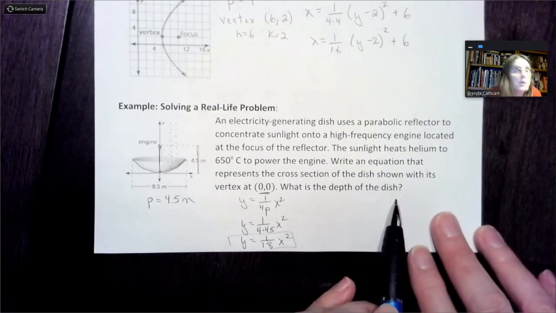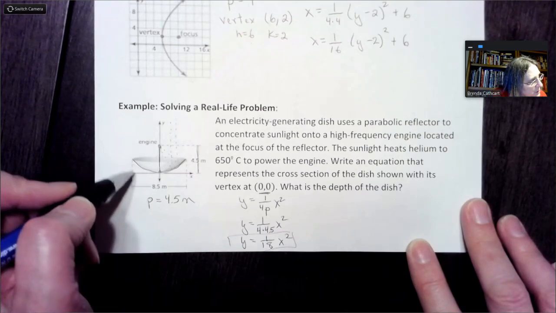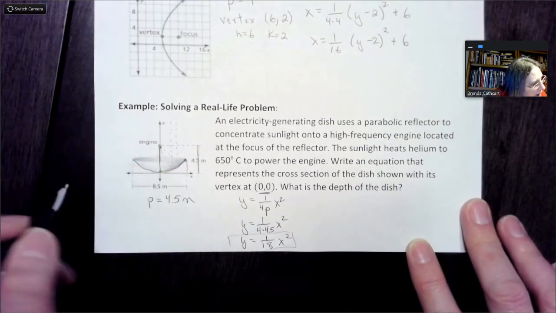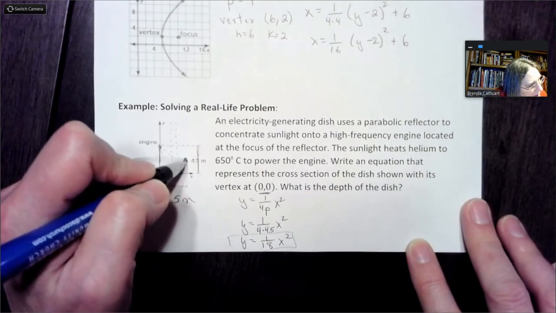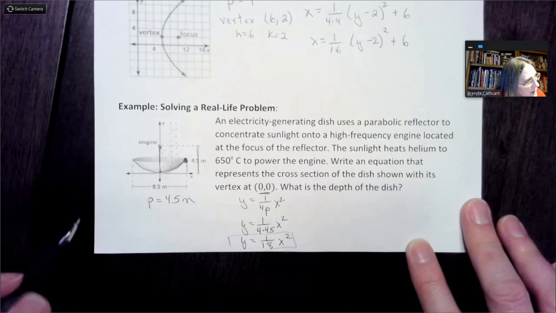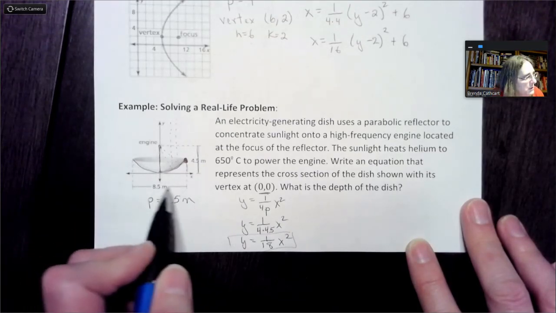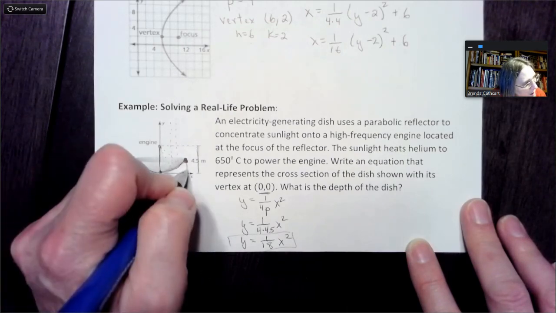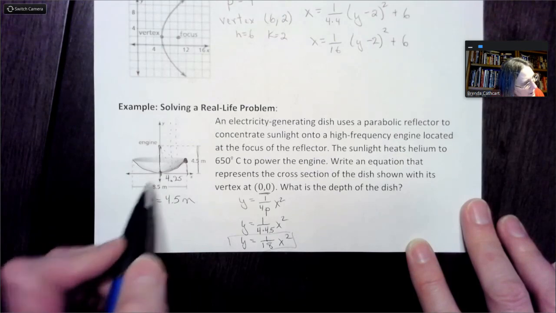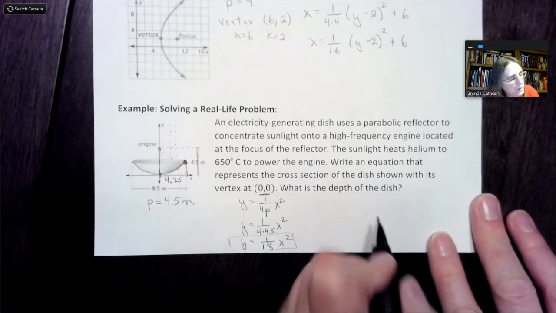Part 2, we want to know what the depth of the dish is. So as I'm looking at this point right here, I want to know how tall that is. So I need to find a value for x to find out what y is. Notice that we're 8.5 meters all the way across here. So halfway across is going to be 4.25. So I'm going to put 4.25 in for x in my equation.